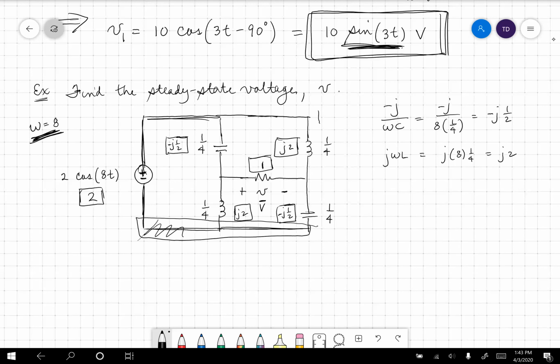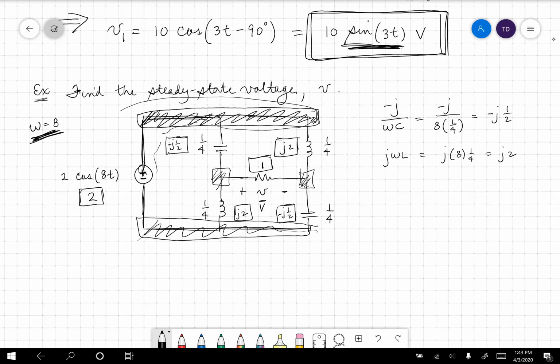There's 1, there's 2, there's 3, there's 4. Minus 1 for reference takes us down to 3. Minus 1 for a supernode, correct? Here's a supernode from here down to there. So there are 2 nodal equations. 2 nodal equations, 3 mesh equations.